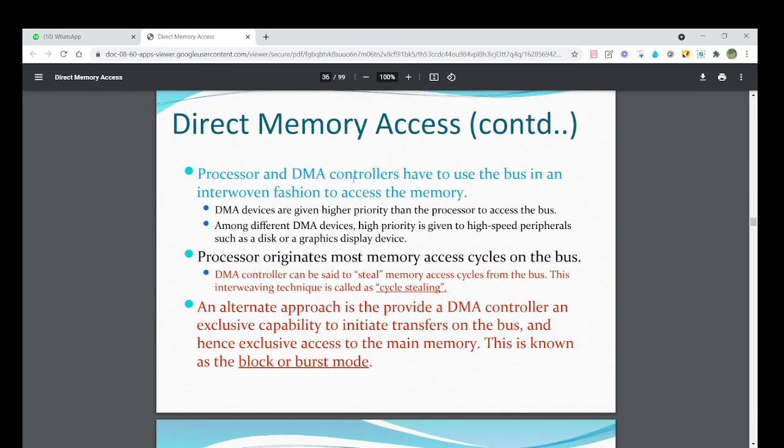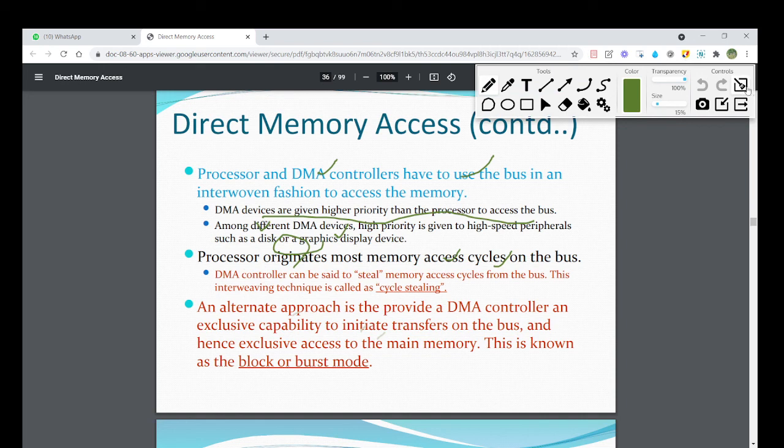So the processor and DMA controller have to use the bus in an interwoven fashion to access the memory. Okay, so we have the same memory. The same memory has to be accessed by the processor as well as the DMA controller.